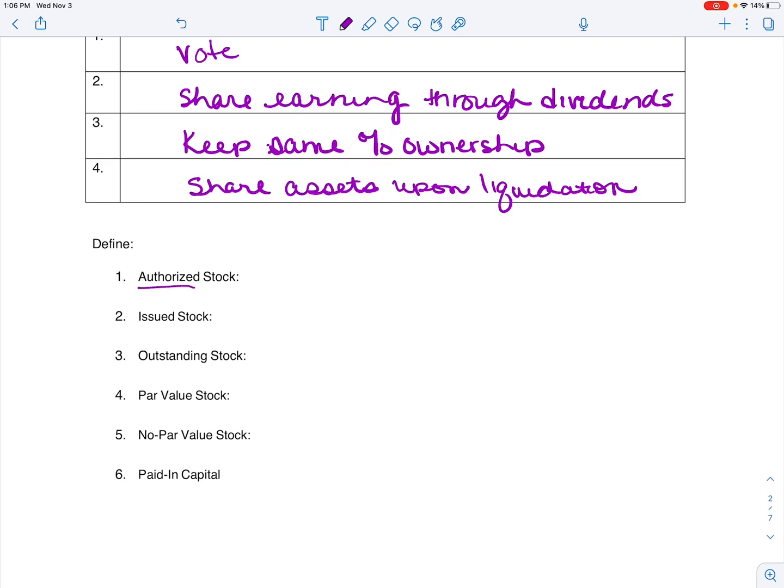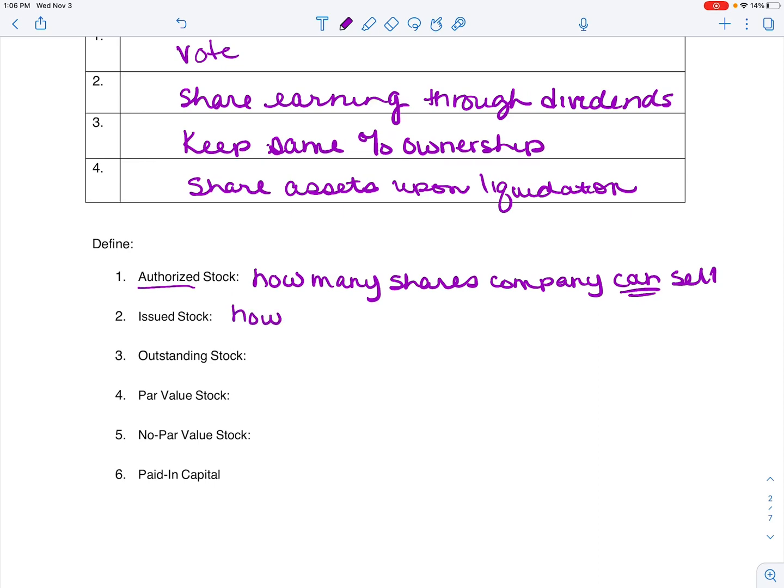So authorized stocks are how many shares a company can sell. So it's authorized by your board of directors. You can sell this many shares of stock.